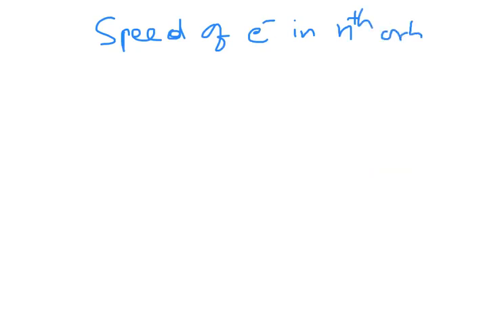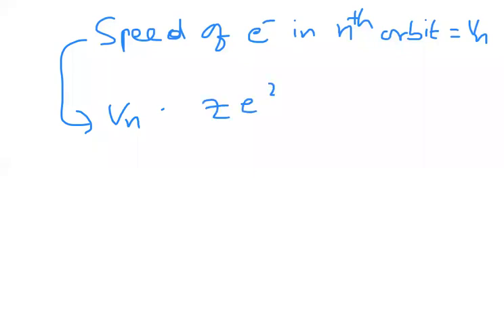Here observe carefully, beta. Speed of electron in nth orbit: the formula is Vn is equal to, just now we noticed, Z e square by 2 n h epsilon naught.